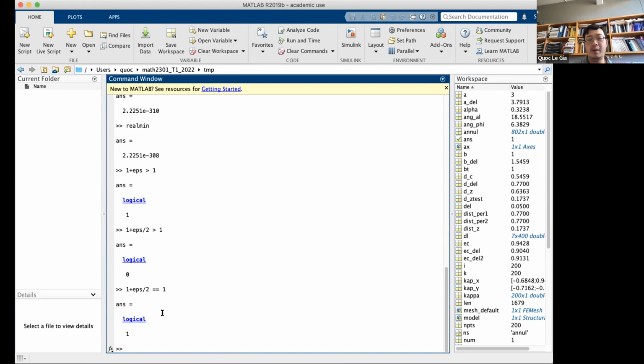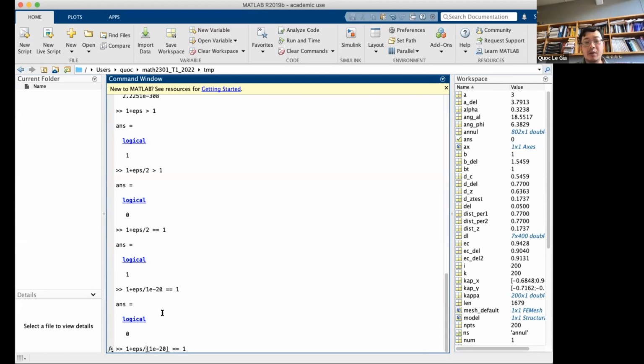So what happens if I take 1 plus epsilon over, say, 10 to the minus 20? I think it still got rounded to 1. No, I didn't write it correctly. When you divide, it means that you multiply by a big number. Do you want to divide or multiply?